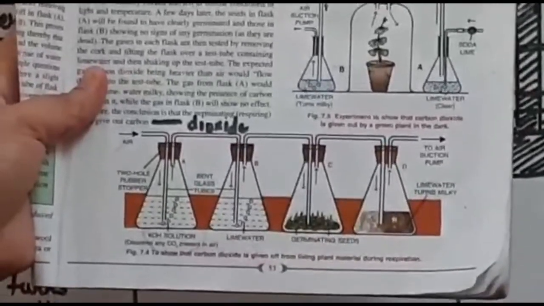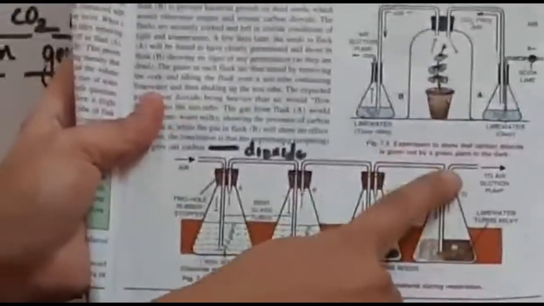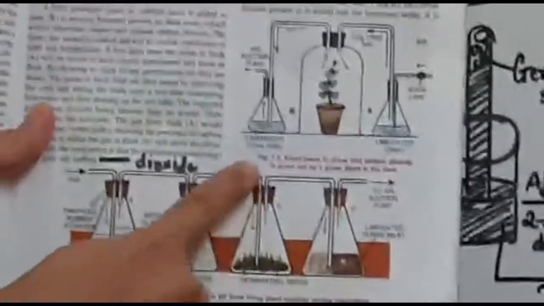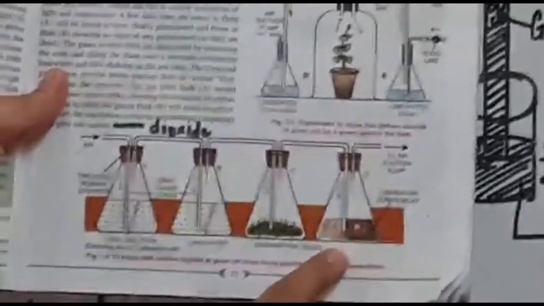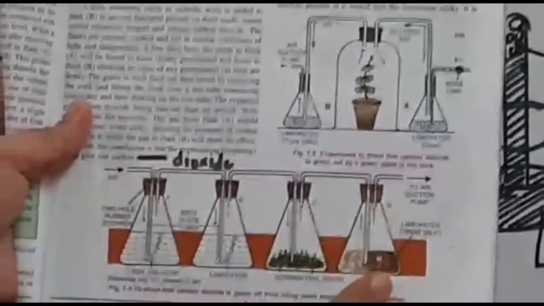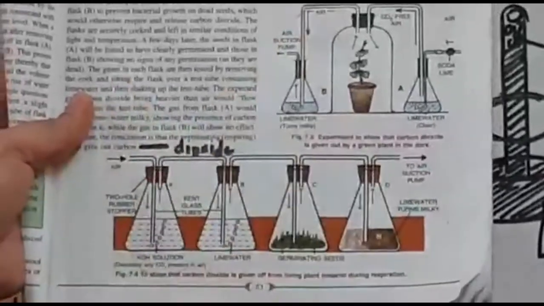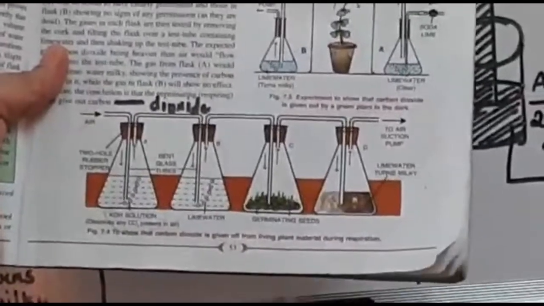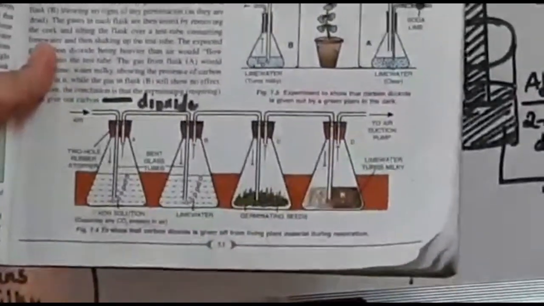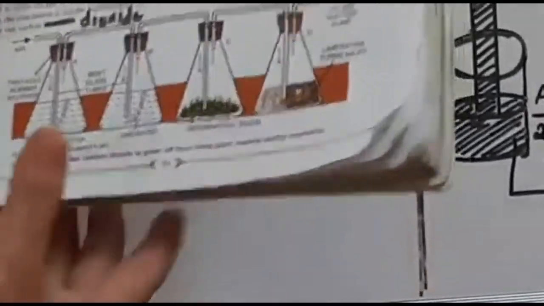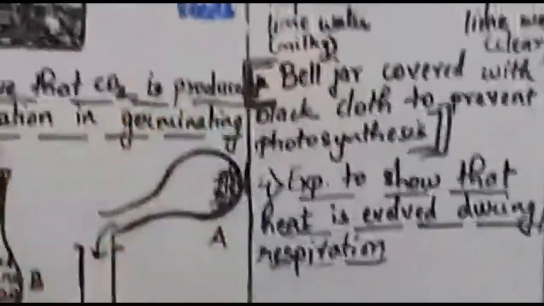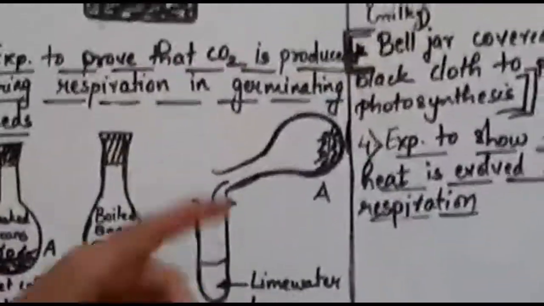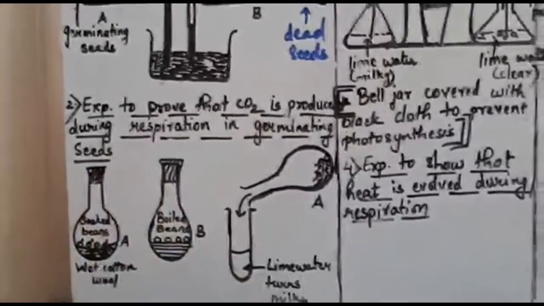After 24 hours, the gas which is released from C is allowed to pass through D. Now D is what? D is again lime water. You all know what happens to the lime water. The lime water is going to turn milky, indicating that carbon dioxide is released or produced during respiration by the germinating seeds.